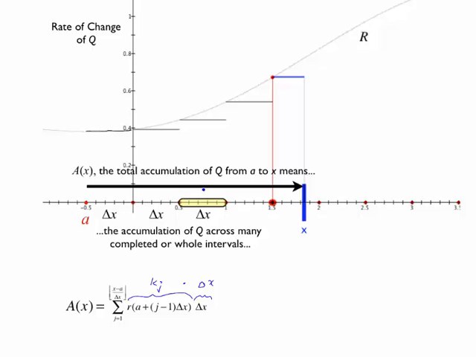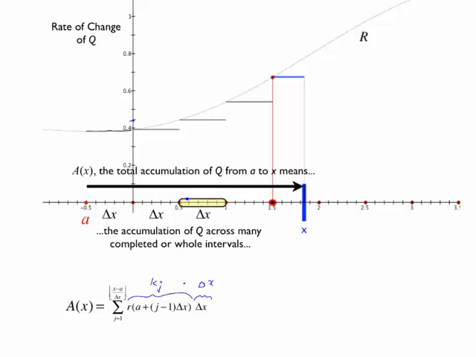So for what I'm showing right here, this is the third interval. This value right here would be K3, the constant rate in the third interval. Times delta x gives what? So what would K3 times delta x give you? Delta y? No, it would be the rate at 1.5. So K3 times delta x gives the rate.